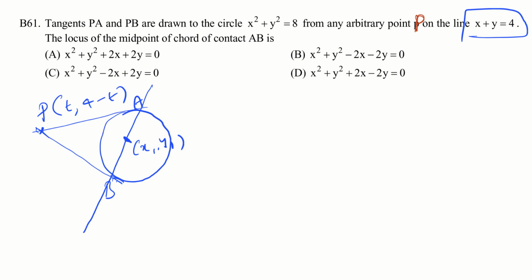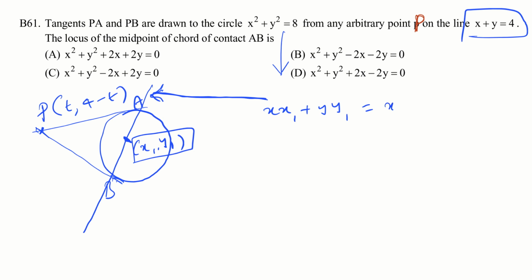Now to find that, I'm going to write the equation of this line in two ways. One is, it has this as midpoint, so its equation is S1 equal to S11. So writing S1 equal to S11 for this, I'll have the equation as xx1 plus yy1 is equal to x1 square plus y1 square.